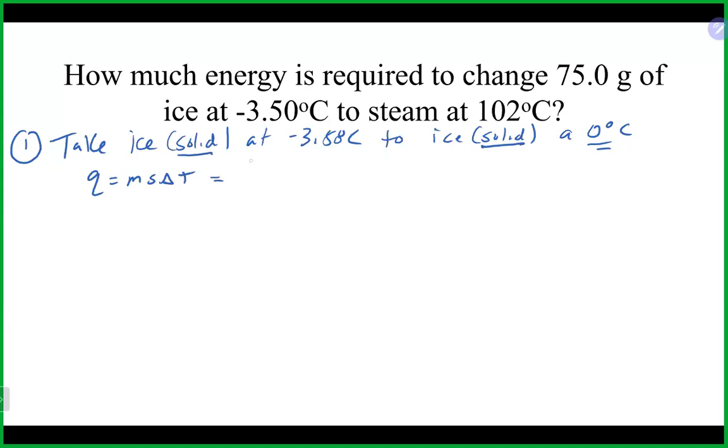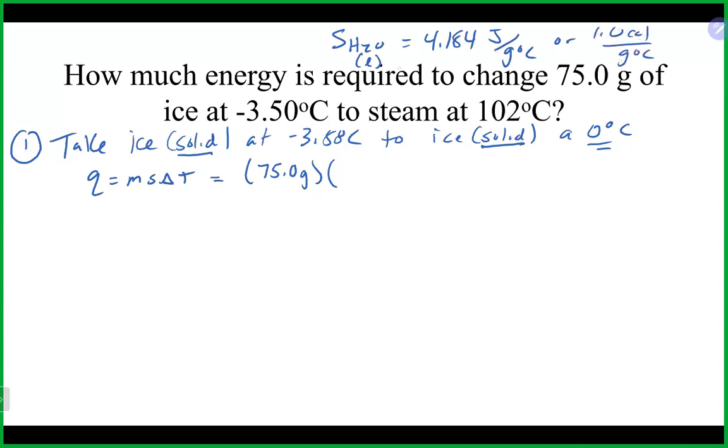So this is going to be 75 grams of ice. Now, a very important thing to remember is this. You had to remember the specific heat of liquid water is 4.184 joules per gram per degree Celsius, or 1 calorie per gram per degree Celsius. But that is actually liquid water, and we're not currently at liquid yet. We're actually in the solid state.